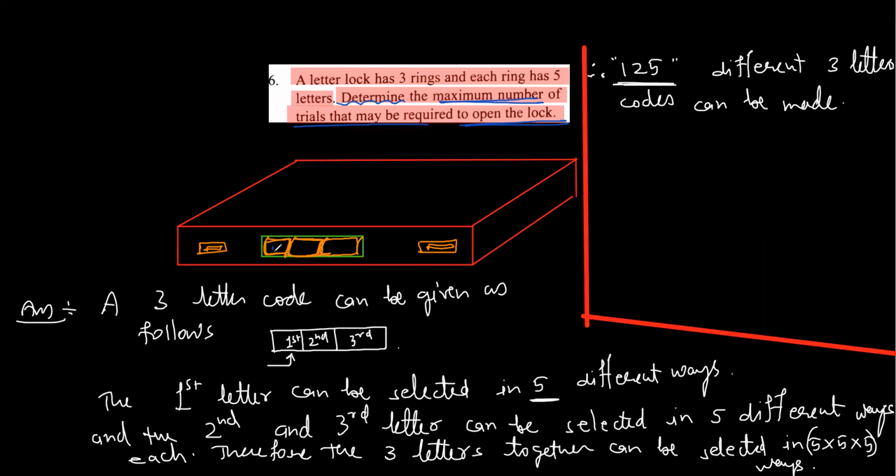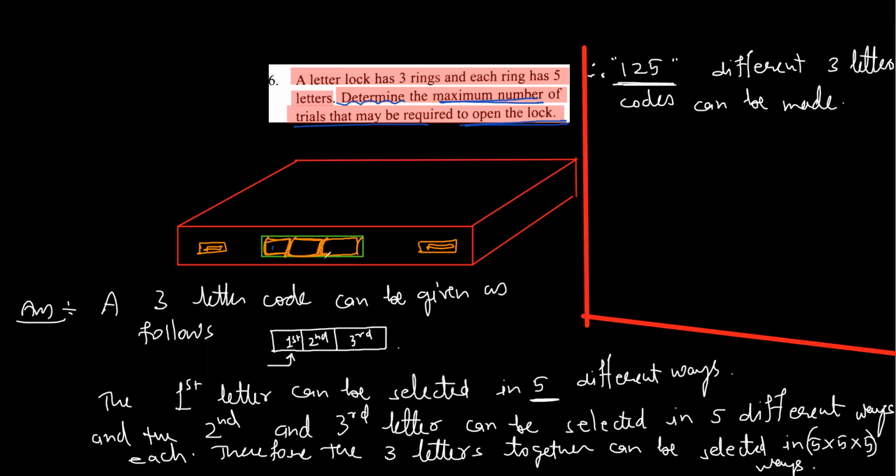Now, in order to open this, what are you doing? You are just manipulating, a trial and error method. You are playing a trial and error game. If you are fortunate, you might get the correct code after some trials.